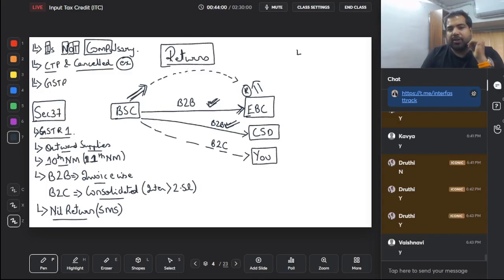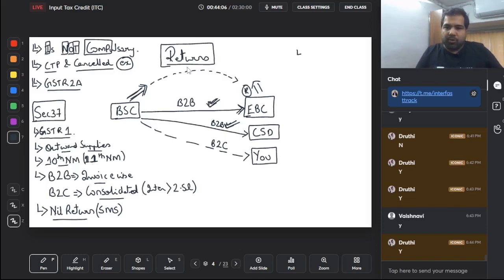Yes, GSTR 2A. It is almost, guys, let's say you place an order on Zomato. Let's say you order some pizzas. Today is Saturday night, so you order some pizzas, and that order automatically gets collated with Domino's. So same way GSTR 1 automatically gets auto-populated in GSTR 2A for regular scheme and GSTR 4A for composition scheme.